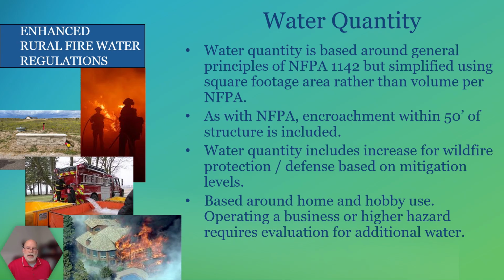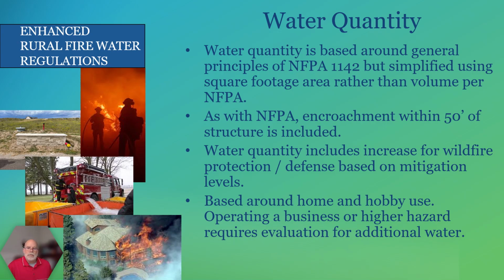So we've simplified that and we just use square footage. Now we ran our numbers using spreadsheets to compare against NFPA 1142 so that we were staying pretty much on track with that, but used a different approach that we think is a little bit simpler.